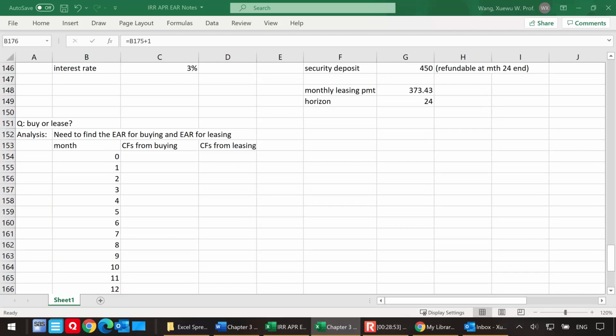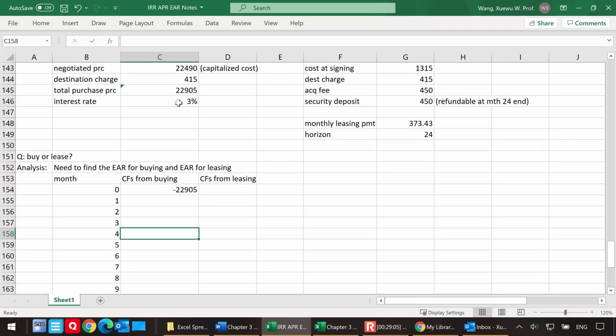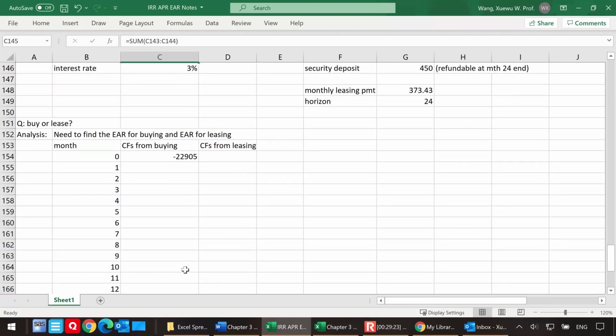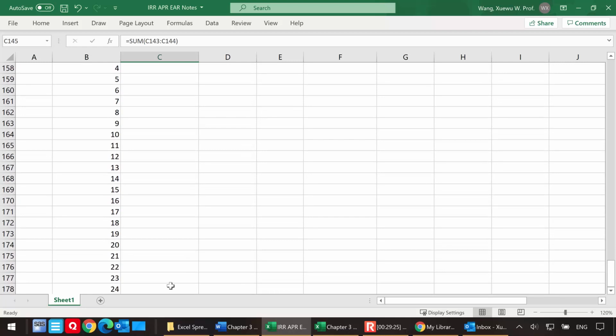If you want to buy this car, you're going to pay negative 22,905. That's the price we calculated earlier, and we are saying that at the end of year 2, the car has been taken care of very well, and the car's residual value is, let's say, 15,000.